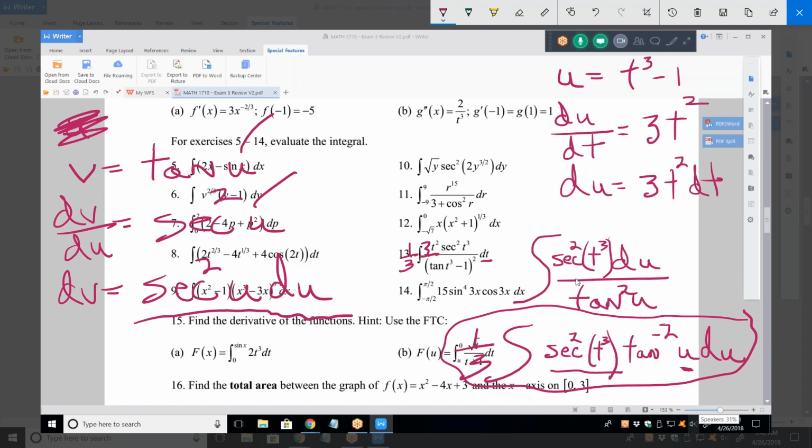Hold on, let me think about this two more seconds. Maybe I can, though. No, I can't. Because the derivative of tan is secant squared of u, but u is t cubed minus 1, and we're not looking at that. We're looking at secant squared of t cubed. So somehow I've got to get everything in terms of t cubed.